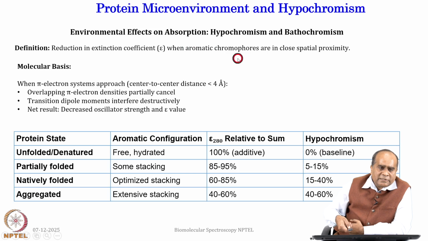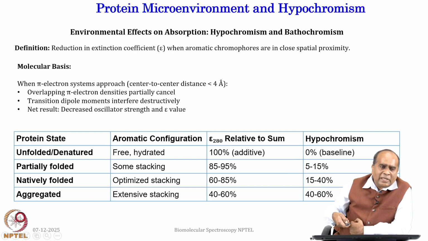If it is natively folded, lots of optimized stacking is happening, right, because it has to stabilize all the forces for having a stable structure. Therefore, essentially the absorption is reduced to 60 to 85%, that means 15 to 40% hypochromia happens.